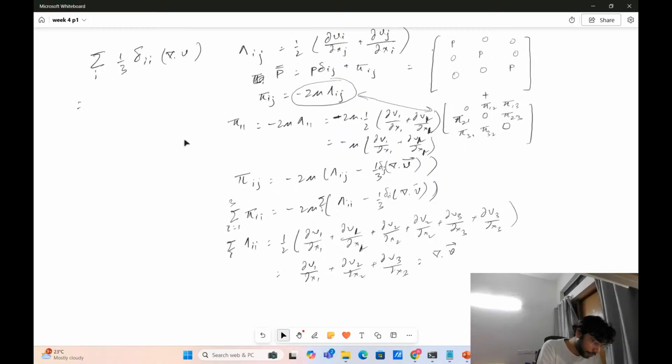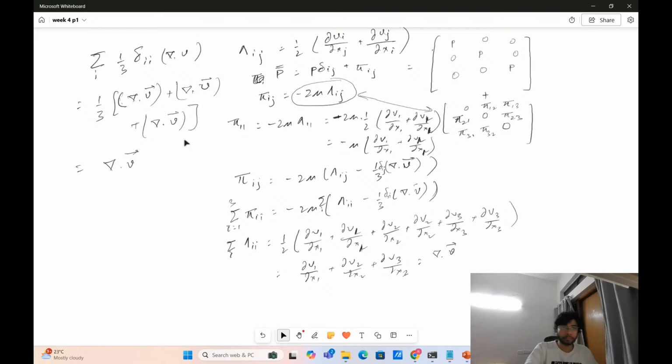So for i equals 1, this will be 1/3 del dot v, since delta 1,1 is 1. For i equals 2, again del dot v. For i equals 3, again del dot v. So 3 times 1/3 del dot v, so this will also give you del dot v.